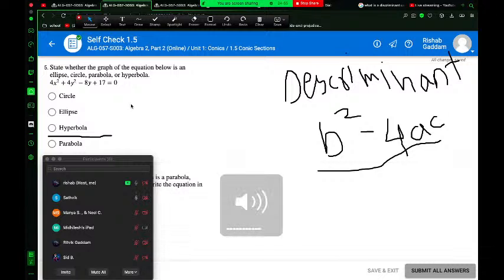Okay, so I know it's not a hyperbola, because a equals 0. Can you go back to the slides for a minute?